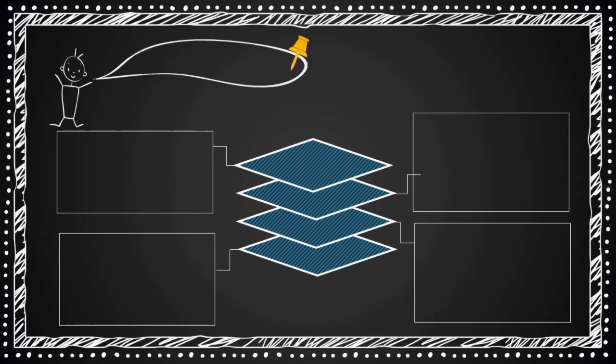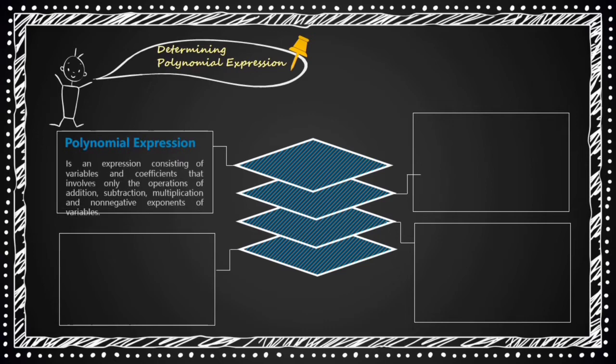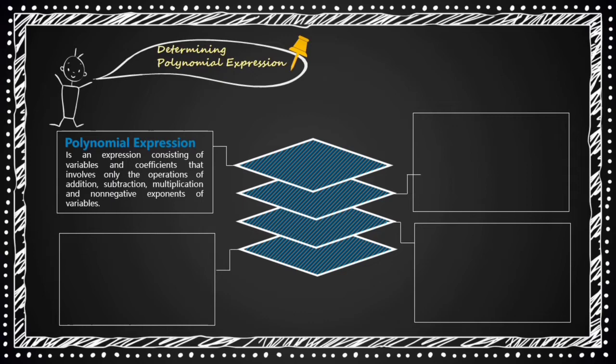Okay, now let's determine a polynomial expression. A polynomial expression is an expression consisting of variables and coefficients that involves only the operations of addition, subtraction, multiplication, and non-negative exponents of variables.